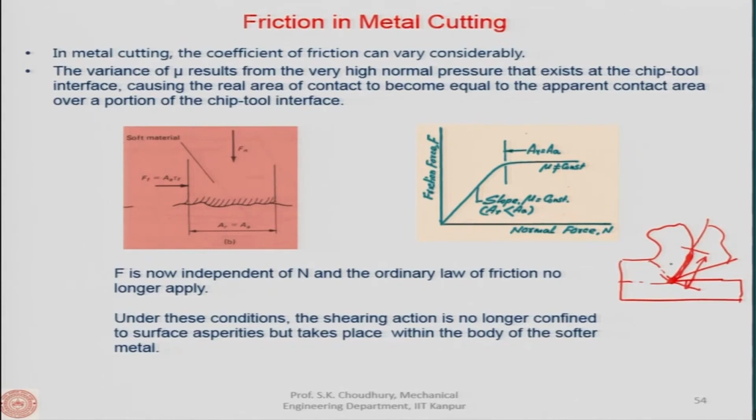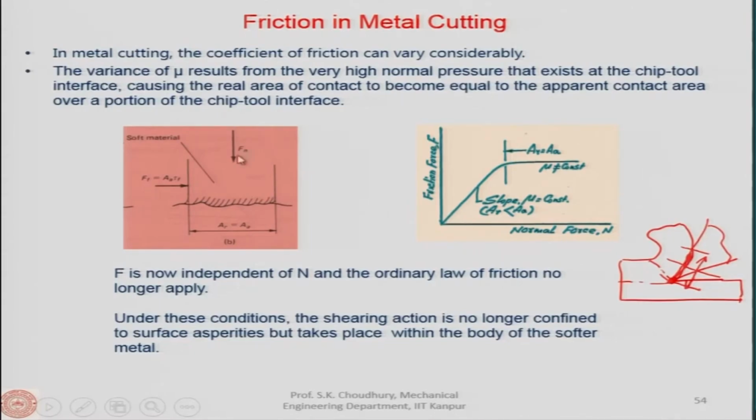So, up to a certain distance, the apparent area of contact and the real area of contact become almost the same, but beyond a certain value of the length, this does not happen. This is what has been said here.